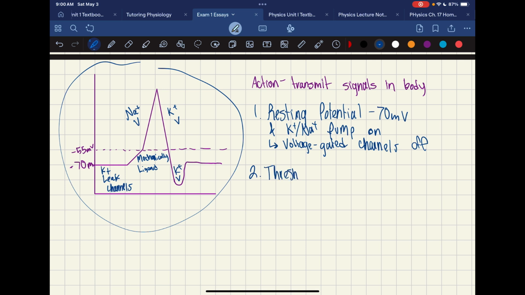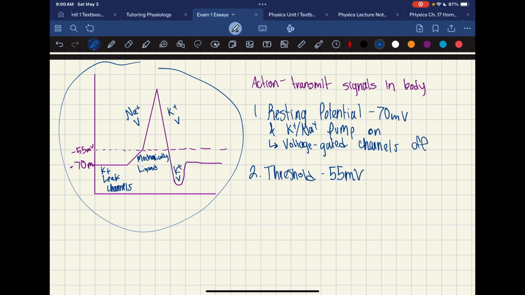I don't think I'll have a ton of time to write everything like I have been doing, so I'll chill out. Threshold is at negative 55 millivolts, and this is due to a graded potential depolarizing. When threshold is reached, voltage-gated sodium channels open quickly, starting the action potential.